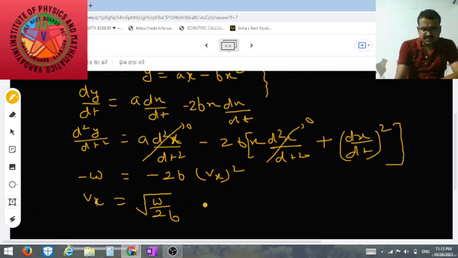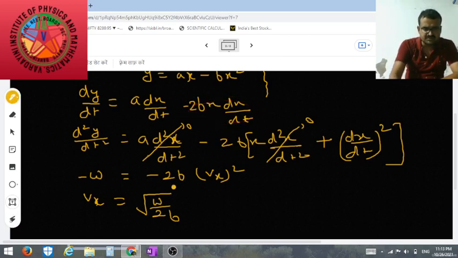Now if you want to determine the velocity in y direction, there you will use this equation. And one condition is given in the question, that at origin, and you know at origin this particular coordinate x is equal to 0 will make this whole term 0.